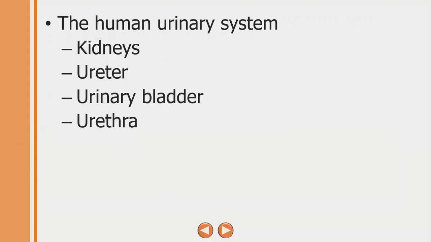When blood flows into the kidneys, there's a filtering system with little nephrons, the basic cell units in the kidney. There are millions of these that filter out waste products, urea and excess water, which is taken into the ureter tube and passes down to the bladder. So you have two kidneys, two ureter tubes, one bladder and one urethra.